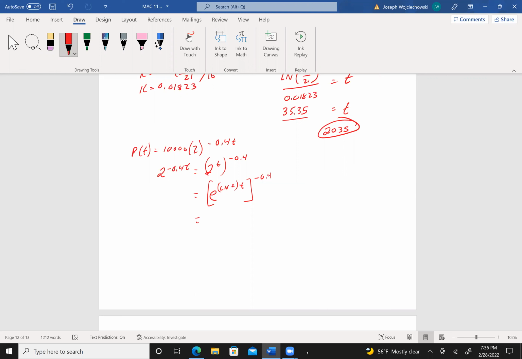Which is equal to e, so log of 2 times negative 4/10 times t.